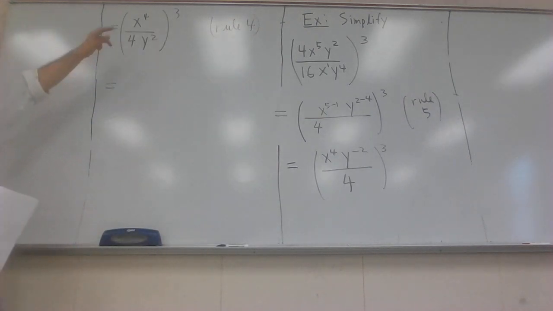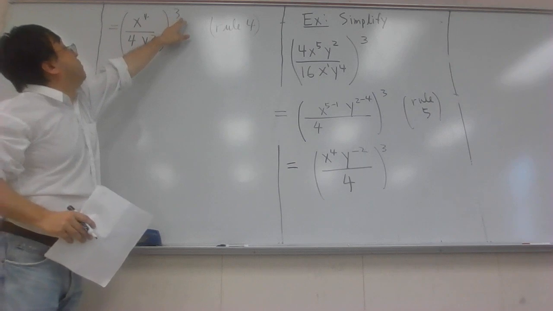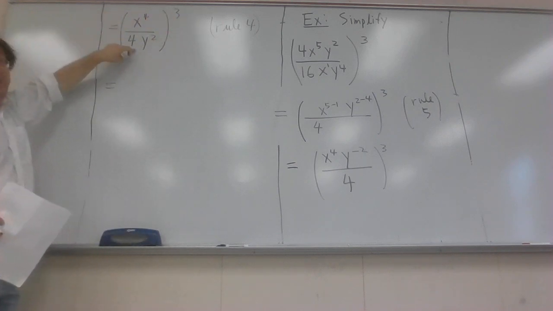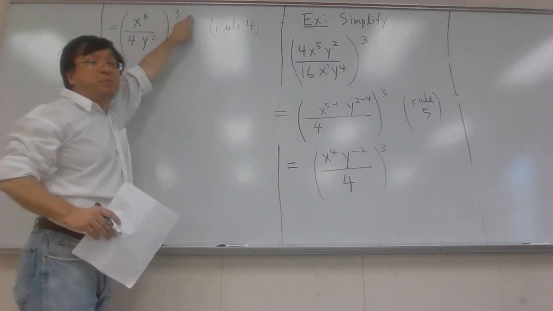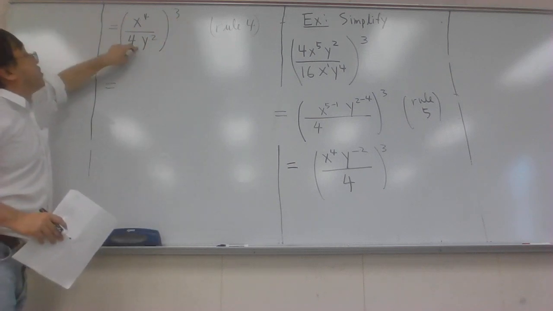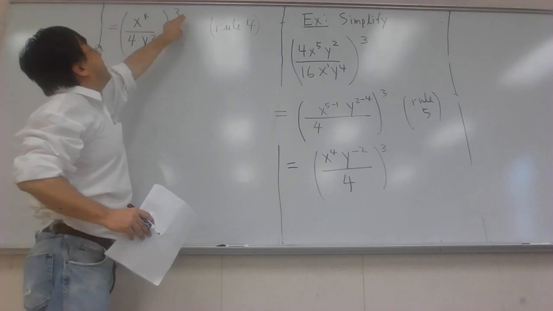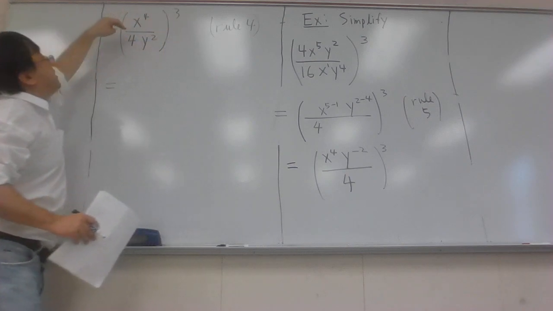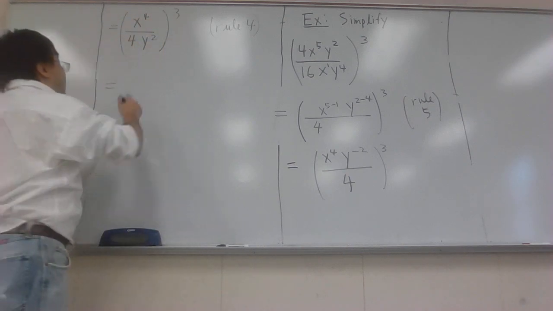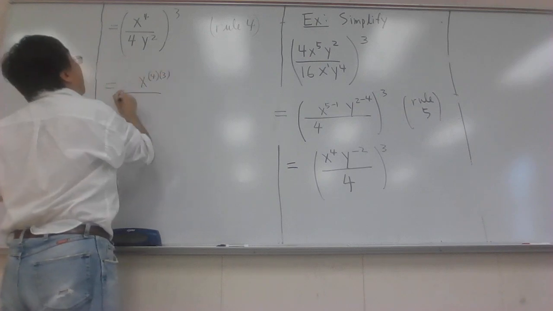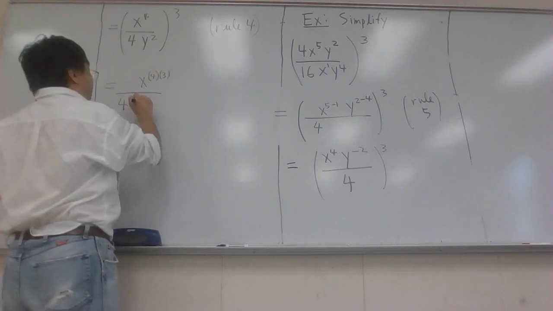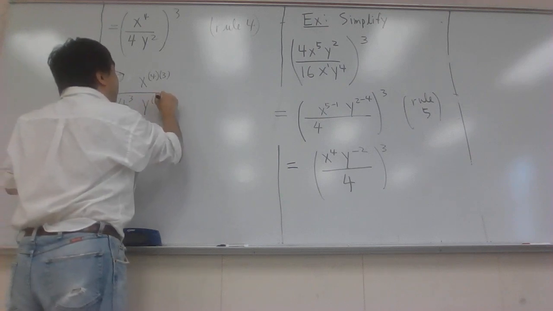Finally, we can use the rule which says that we can distribute exponents over division and multiplication. Distributing this exponentiation over this division and this multiplication, this becomes x to the power of 4 times 3, divided by 4 to the power of 3 and y to the power of 2 times 3.